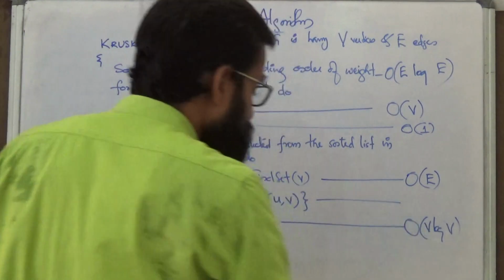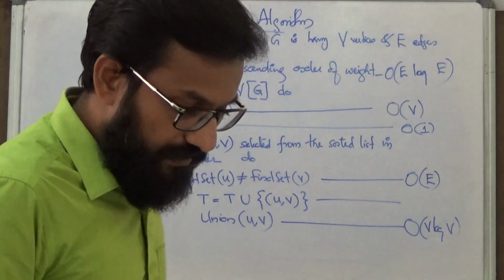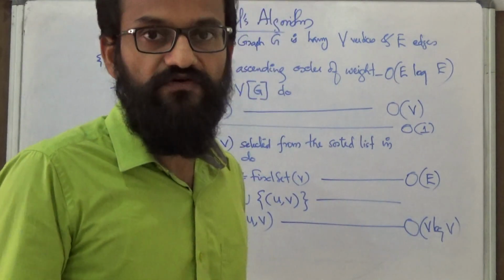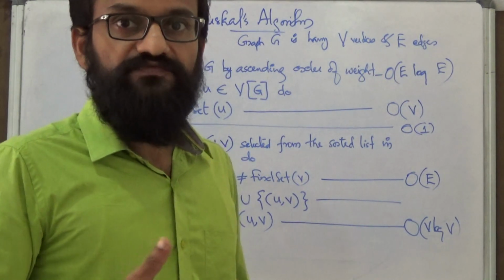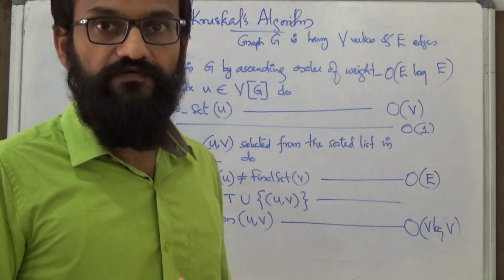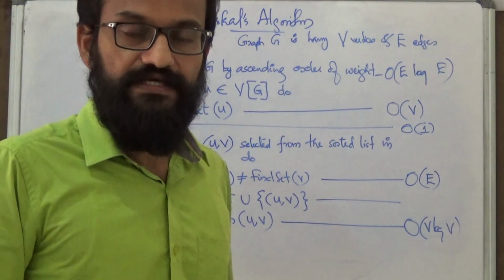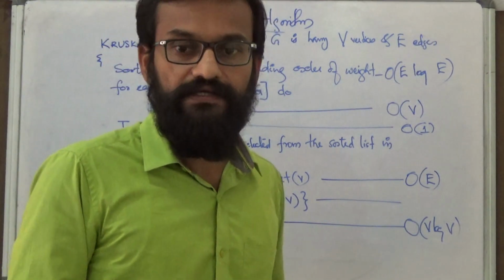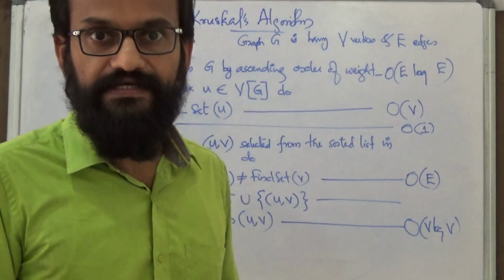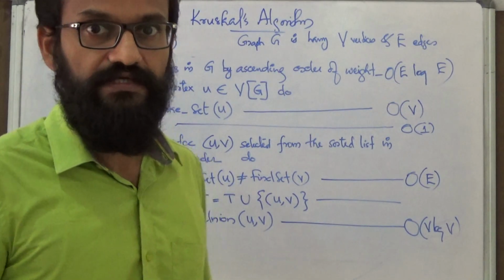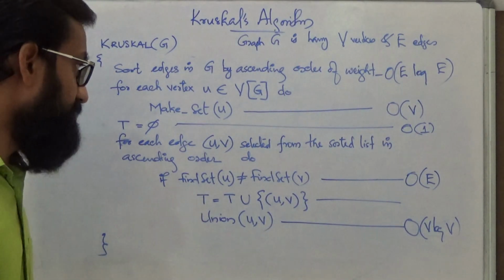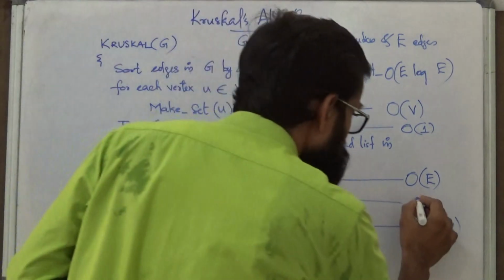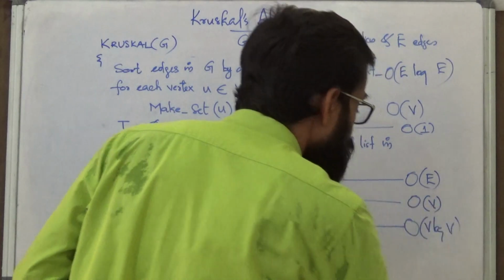And how many additions will be performed? If you are having V vertices, in order to build the spanning tree, we need exactly V minus 1 edges. So this step will be executed exactly V minus 1 times and cost will be order of V.